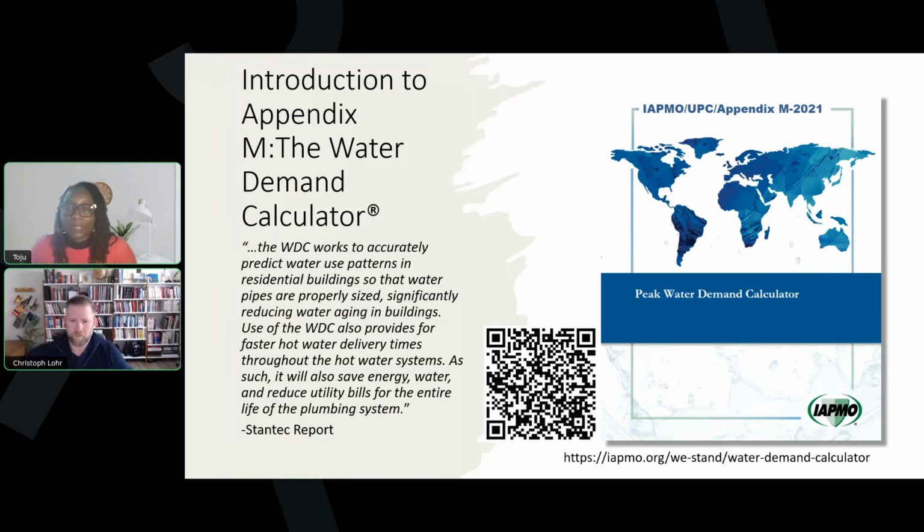Okay, so the macros is the main engine behind the water demand calculator. If you have read any of our reports about the water demand calculator and how it works, it actually has 3 different methods of estimating demand in it. So based on your input of number of fixtures and building type, it has to select one of the 3 methods.